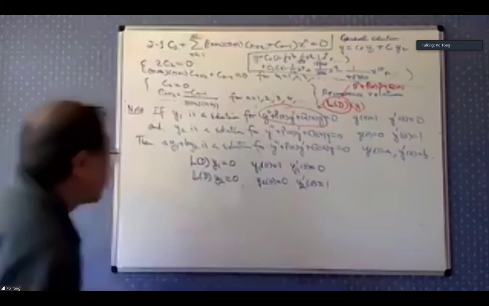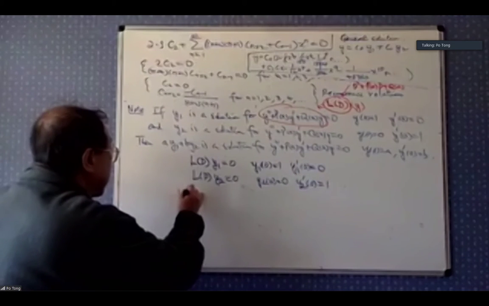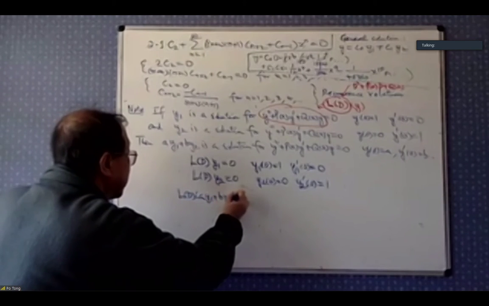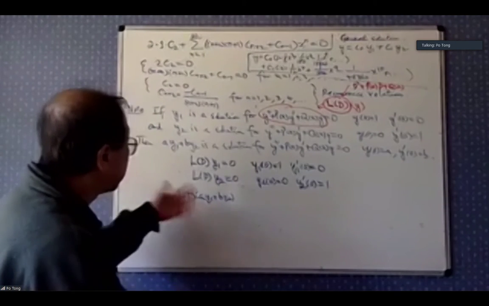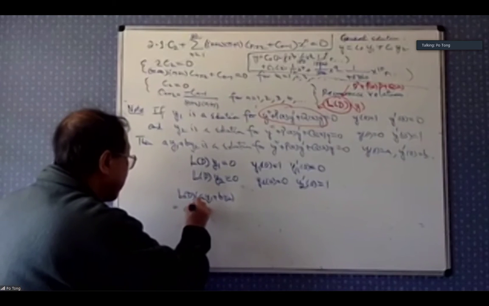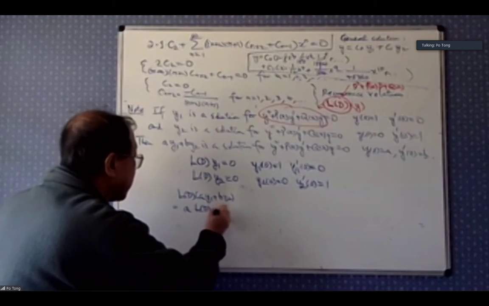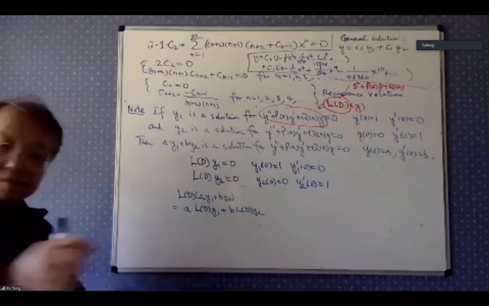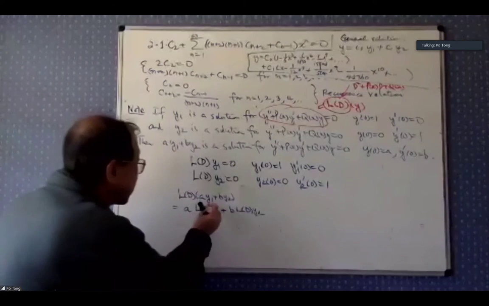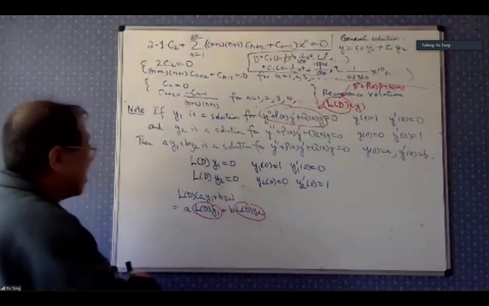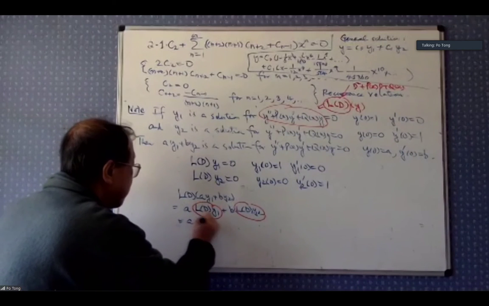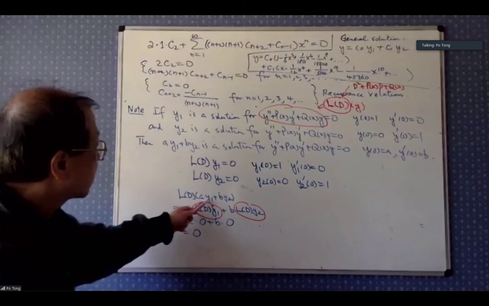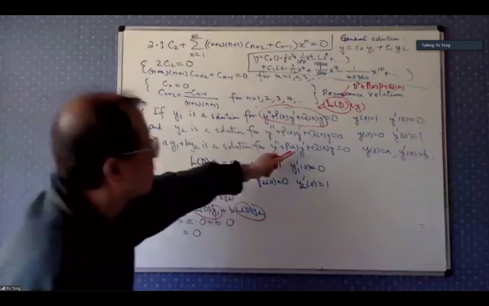So what will be L[A y1 plus B y2]? Because it's linear, you can just operate inside. But this is equal to 0, and this is equal to 0. So it's A times 0 plus B times 0, which equals 0. So this is going to be a solution of this equation.